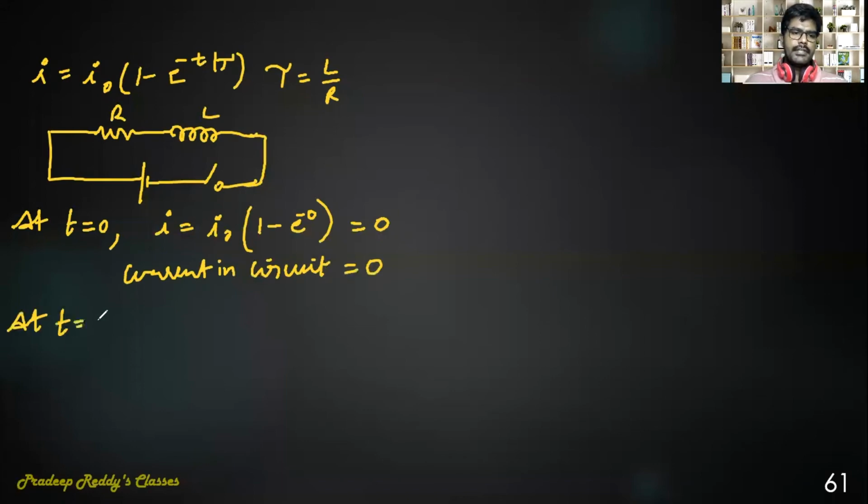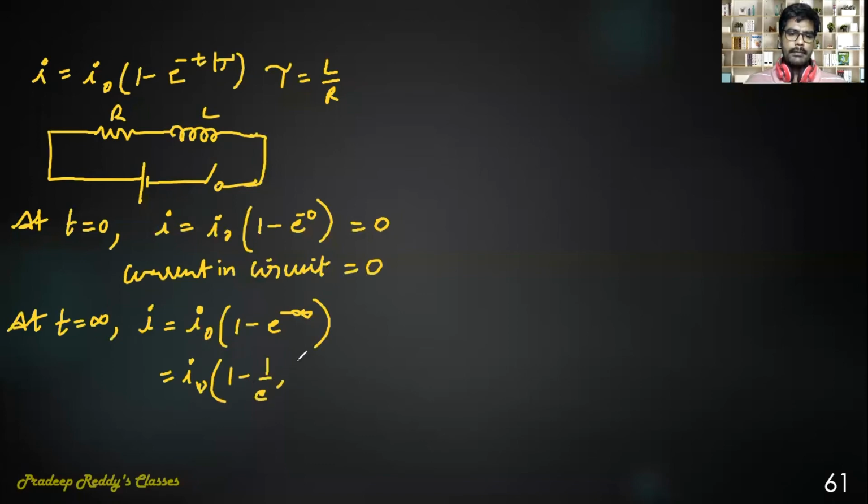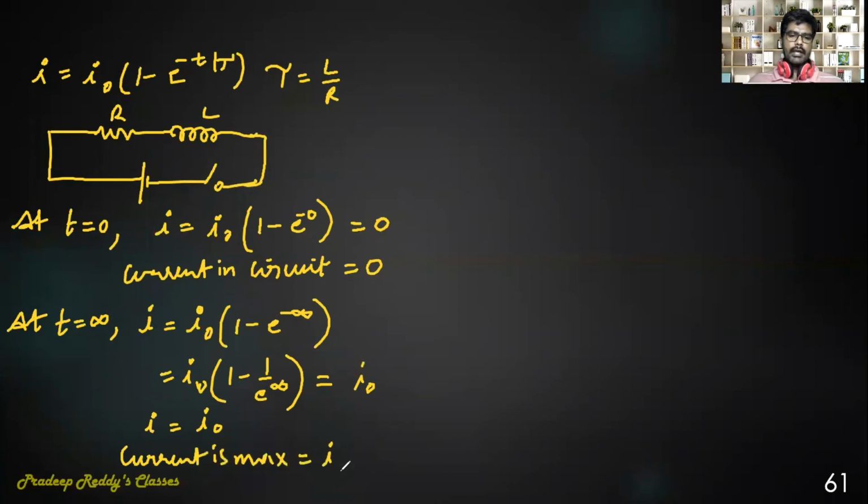At time t is equal to infinity, I is equal to I naught into 1 minus e power minus infinity. This is I naught into 1 minus 1 by e power infinity. E power infinity is infinity, so this is equal to I naught. So I is equal to I naught, as current is maximum.